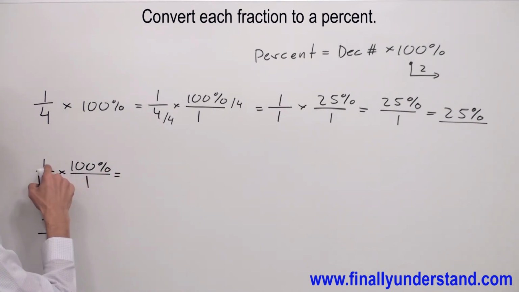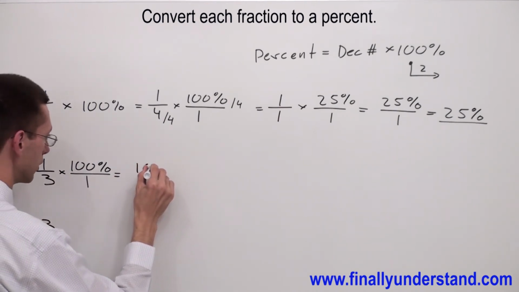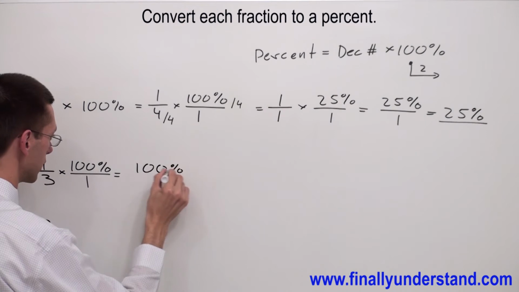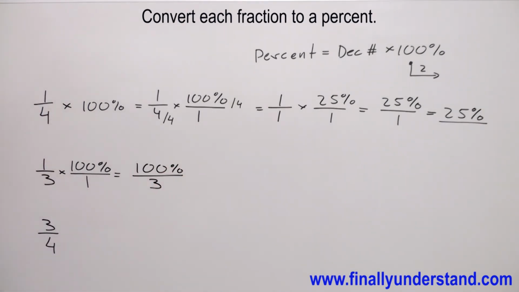So I'm going to simply multiply numerator by numerator and denominator by denominator. I'm going to end up with 100% over 3. As you can see, this is the example of the improper fraction. Improper fraction, most of the times, we convert to the mixed numbers.